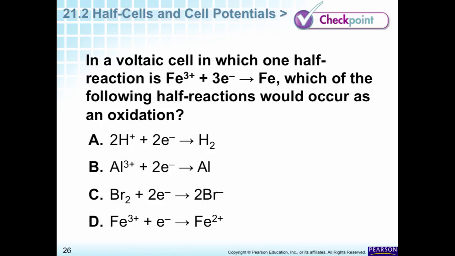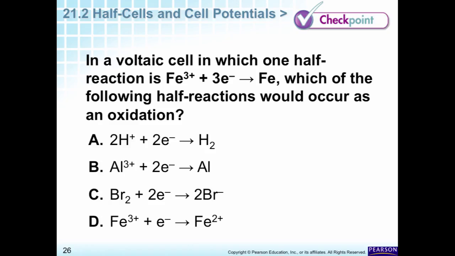All right, let's do this in Educanon. We just did the last question in Educanon. Let's do this one in Educanon. You're going to need to use the chart that I had just showed you. We have to decide which of these two things will occur as an oxidation.